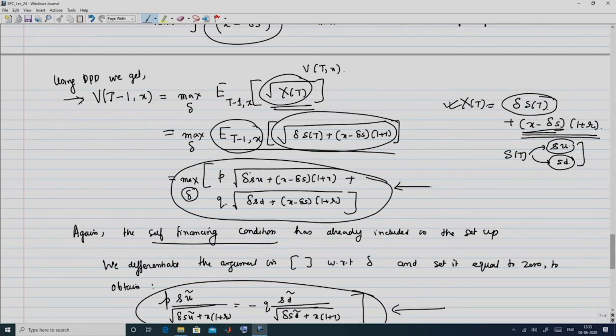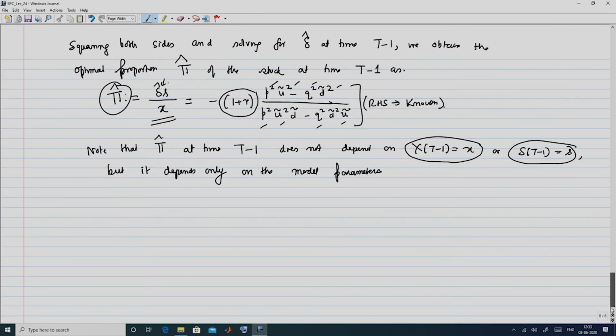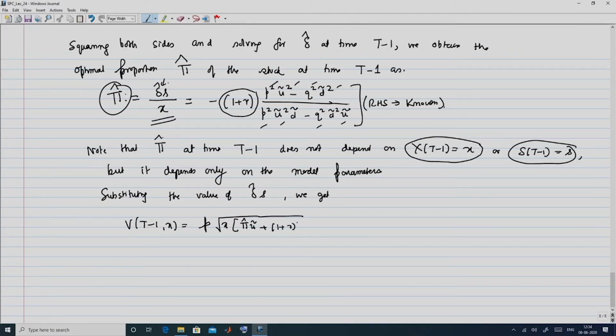So, you can substitute the delta hat here, here and here and here to obtain v of capital T minus 1 of x, and it turns out that v of t minus 1 of x is going to be p into square root of x of pi hat u tilde plus 1 plus r plus q into square root of x into pi hat d tilde plus 1 plus r.